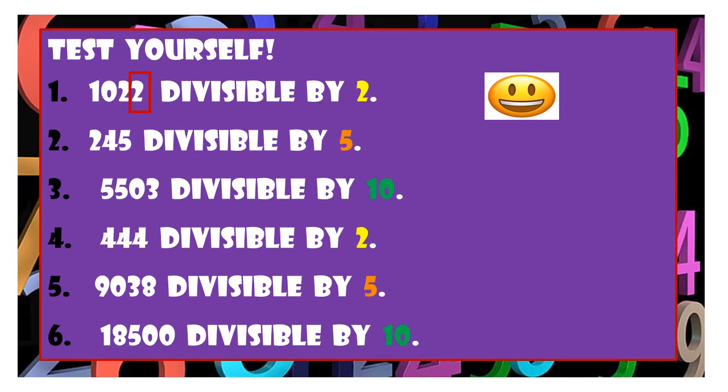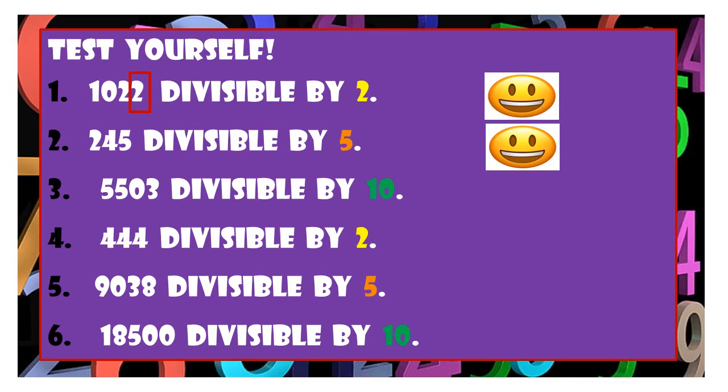How about number 2? 245 divisible by 5. Is it a smiley face or sad face? Smiley face. Because 245 is divisible by 5 because the last digit of the number is 5. According to the rule, a number is divisible by 5 if the last digit is 5 or 0.